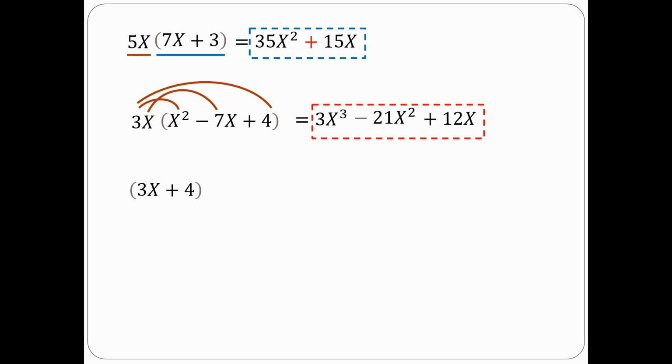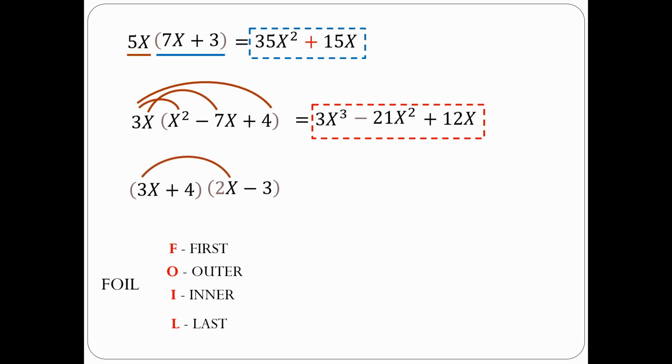Now how about multiplying a binomial by another binomial? So what should we do in this case? What we can do is apply something called the word FOIL, where F stands for first, O stands for outer, I stands for inner, and L stands for last.